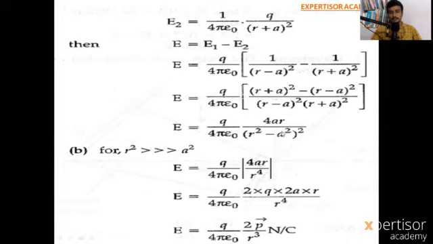Then finally you get the relation. In this relation, you have to eliminate the A square value. Then you get the final equation. So this is the electric field due to an electric dipole on the axial line.